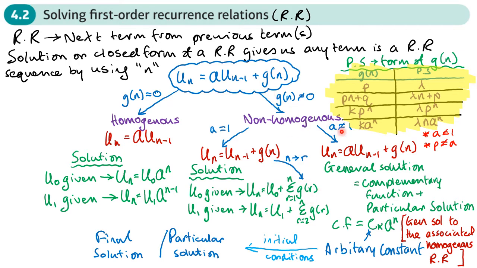And if a is not equal to 1, we need to find the complementary function, which is going to be c times a to the power n plus the particular solution. And we use this table here, compare it with g of n to help us find what the particular solution is. We add together the complementary function and the particular solution to get a general solution, which will have c in it, and use the initial conditions to find the particular solution or the final solution.